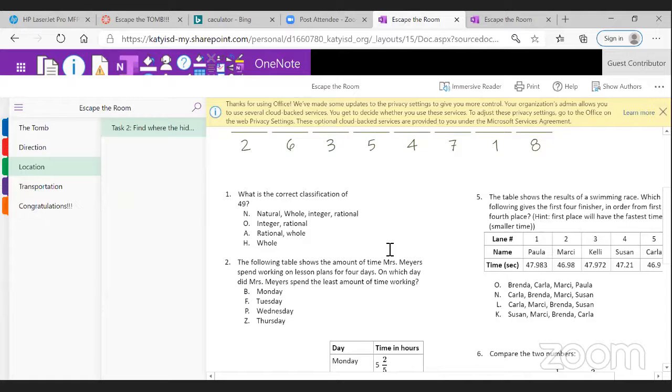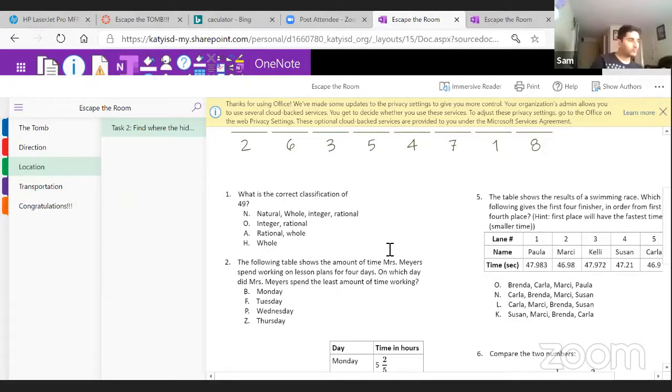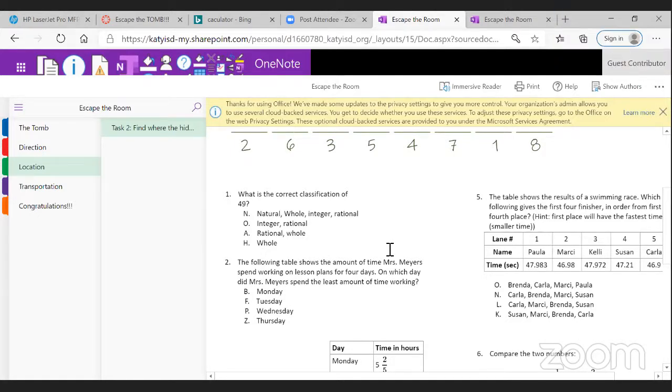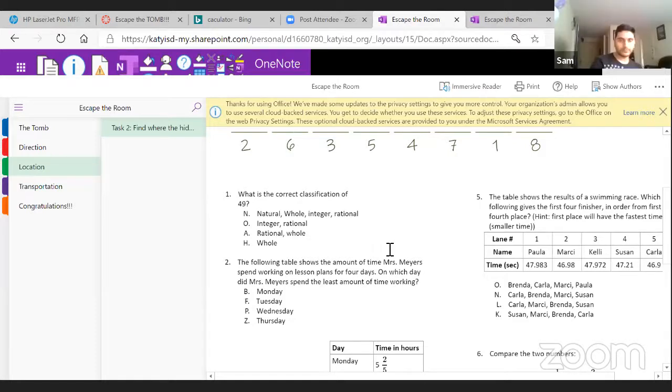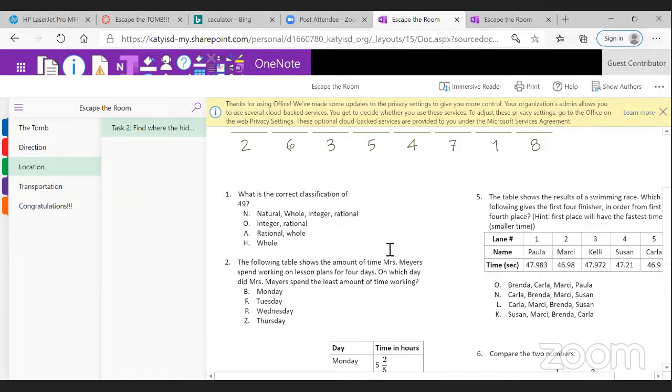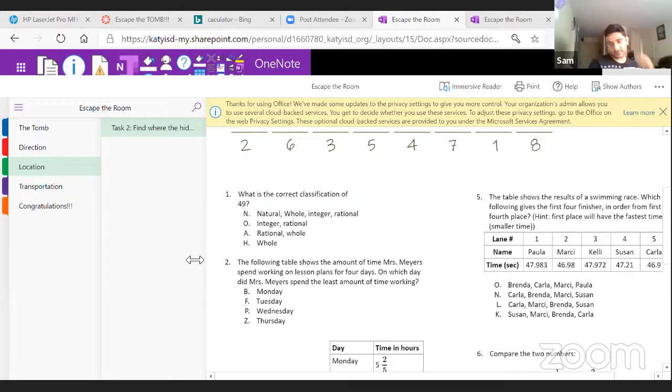You can get a picture of that. Okay, so what number do you want? I'm on number 1 right now. So you need help with number 1? No, not now. What is the correct class? Let's talk about the one that you think you need help with.